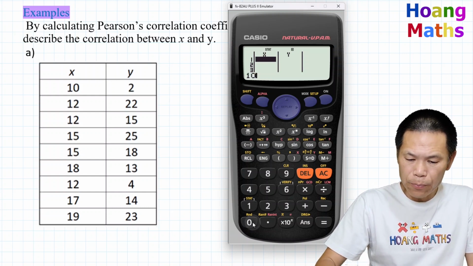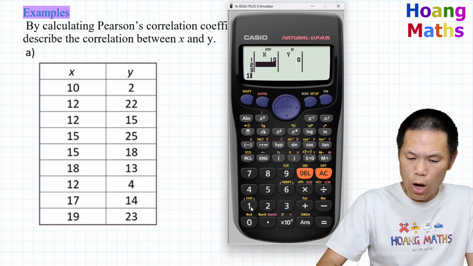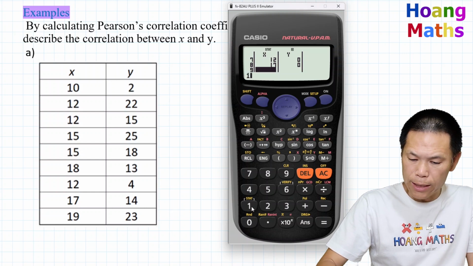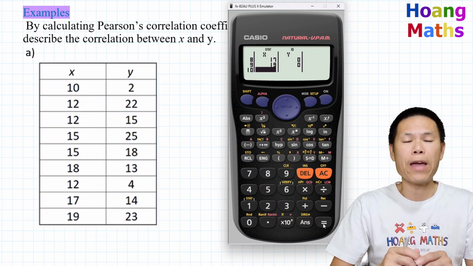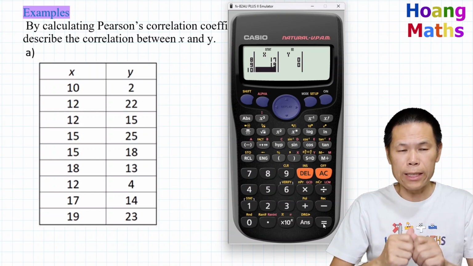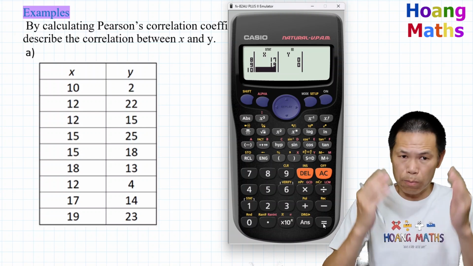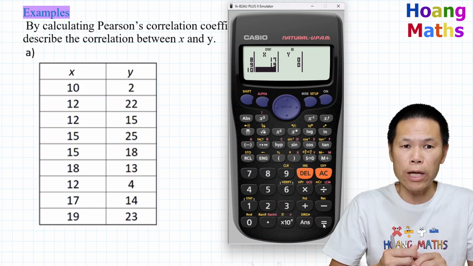So we have 10 equal, 12 equal, 12 again equal, 15 equal, 15 equal, 18 equal, 12 equal, 17 equal and 19 equal. So we have entered column X, that is the X variable. Now let's enter the Y variables, which have to correspond to the X values.